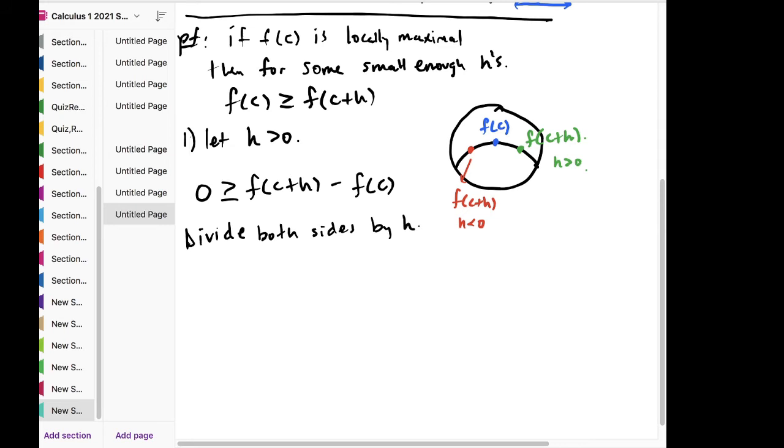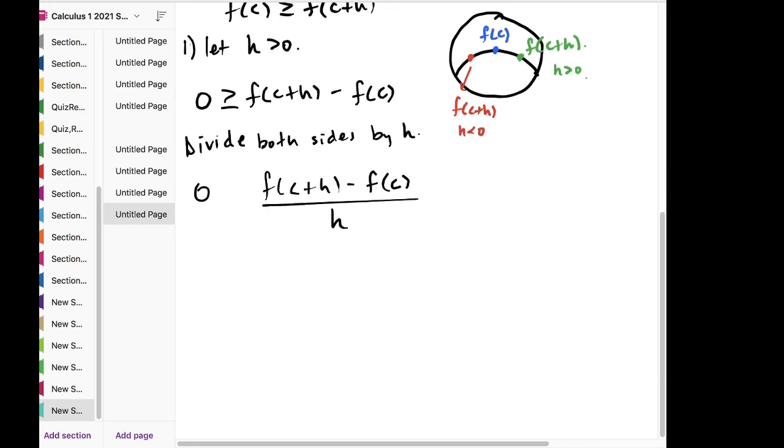That's fine, right? 0 divided by h is 0. Do I have to worry about the inequality when I divide by h? Do I flip the inequality? Yes, no?